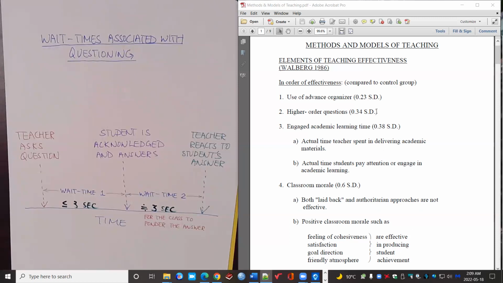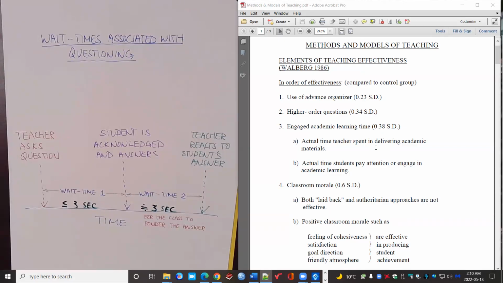All right, by asking high order questions and then commenting on the answers. Engaged academic learning time here. This is like lecturing. All right, so this is important.